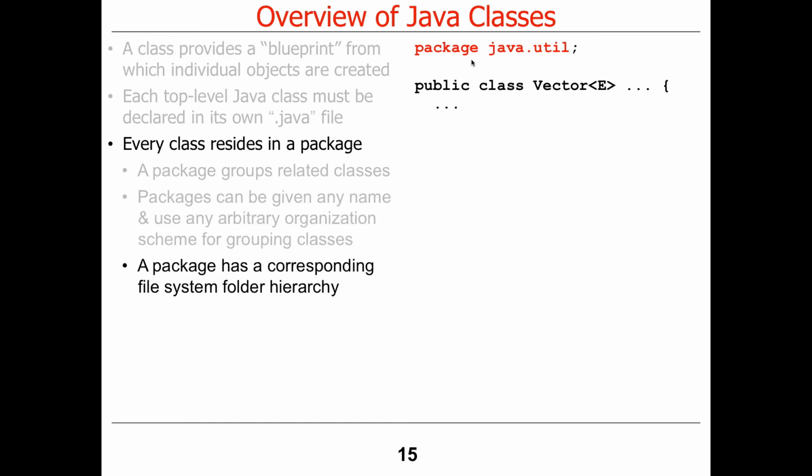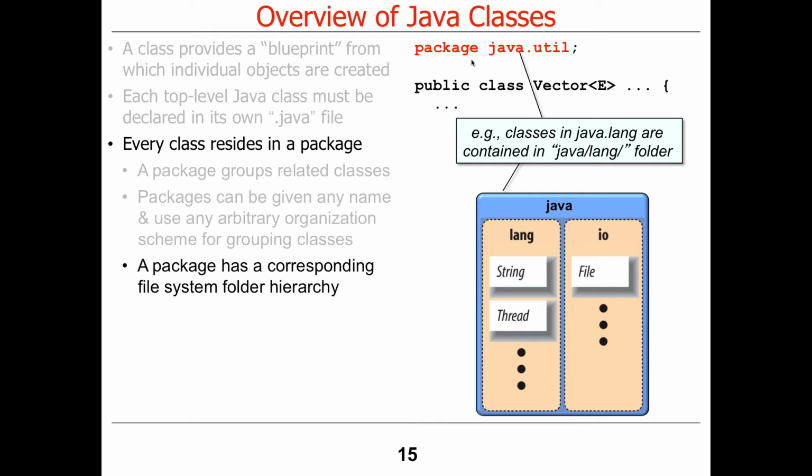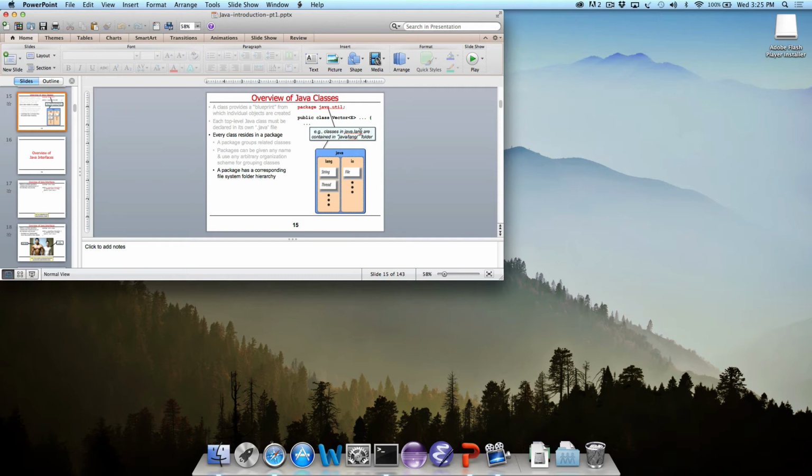The packages that you see logically in your design are also represented physically in the way that the files are laid out in the directory hierarchy that actually stores the source code. And so as a result, java.util.Vector would be in the java/util folder.